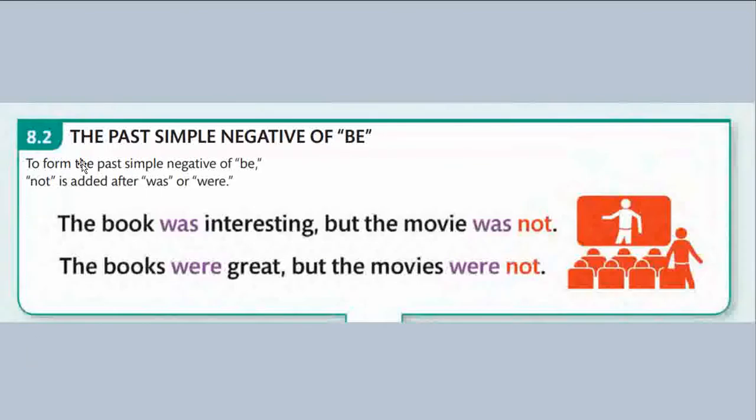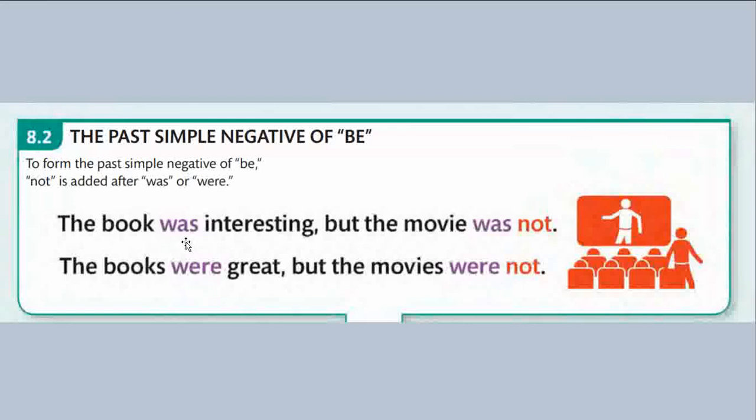The next pointer that we have is the past simple negative with be form. Now with be form there are certain differences. Let us make a note of those. To form the past simple negative of be, not is added after was or were. So whenever we are constructing, we bring the auxiliary and then we bring the word not.